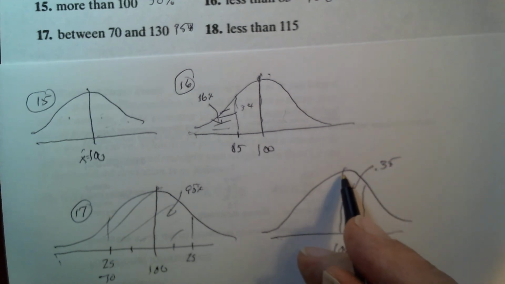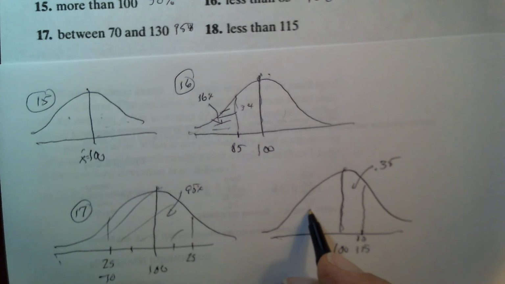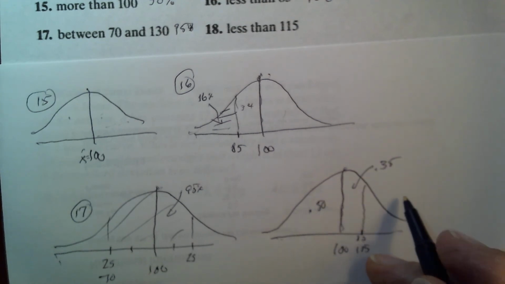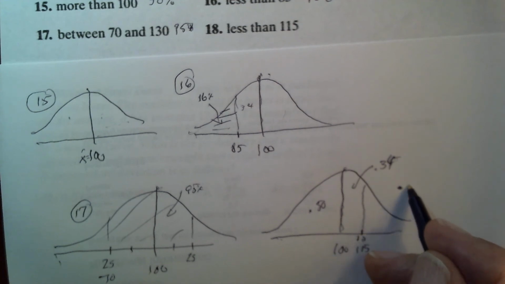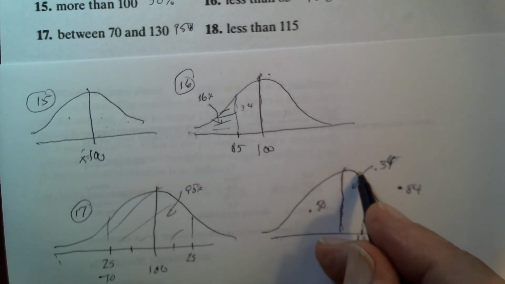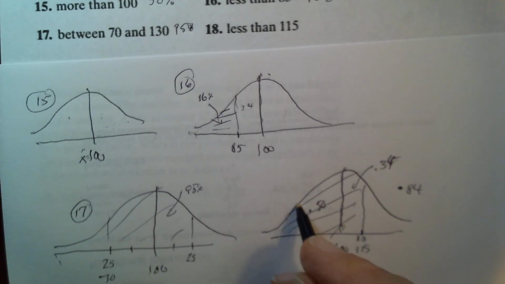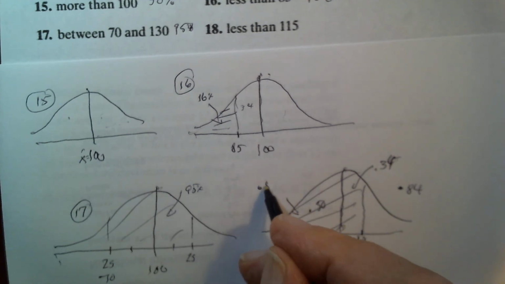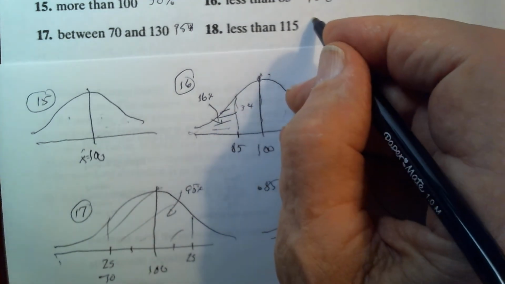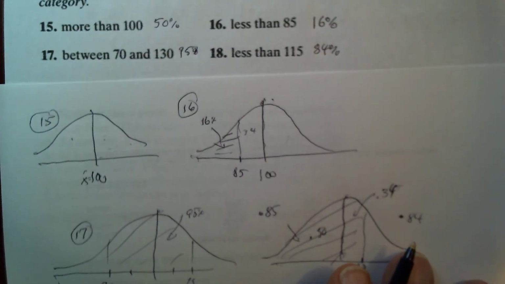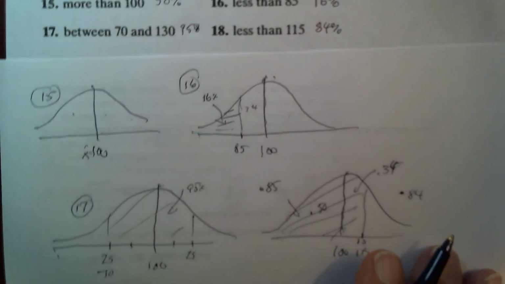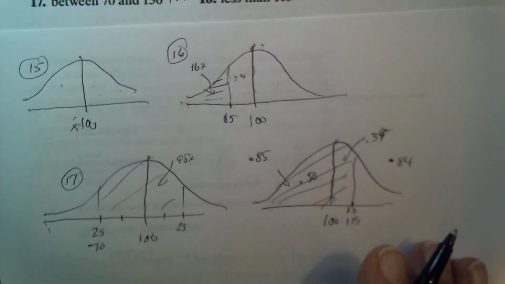And we know that to the left of the mean is 50%, or 0.50. So together, it's 0.84. So that's all of this here, 0.84, or 84%. So it's always a good idea to begin with a sketch, to have clarity about the values that we have and what you're supposed to compute.